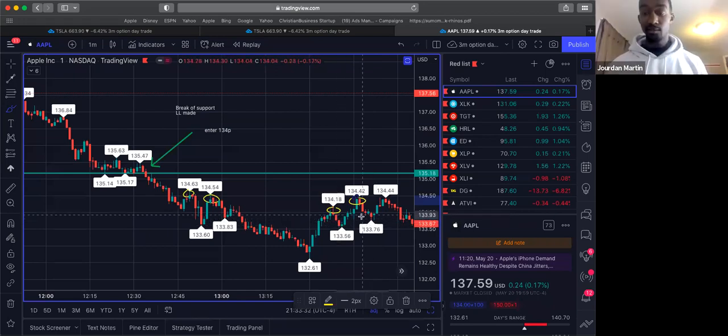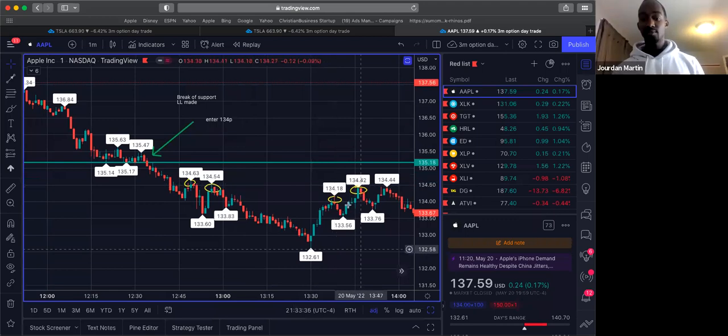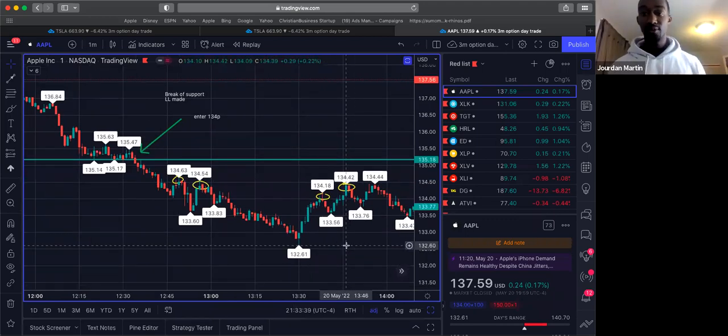But again, the importance of using a trailing stop when you're trading, and using it based off percentages, is one, because we're trading on a Friday, same day expiration. I called out the Apple puts today, and I was sitting there looking at it.